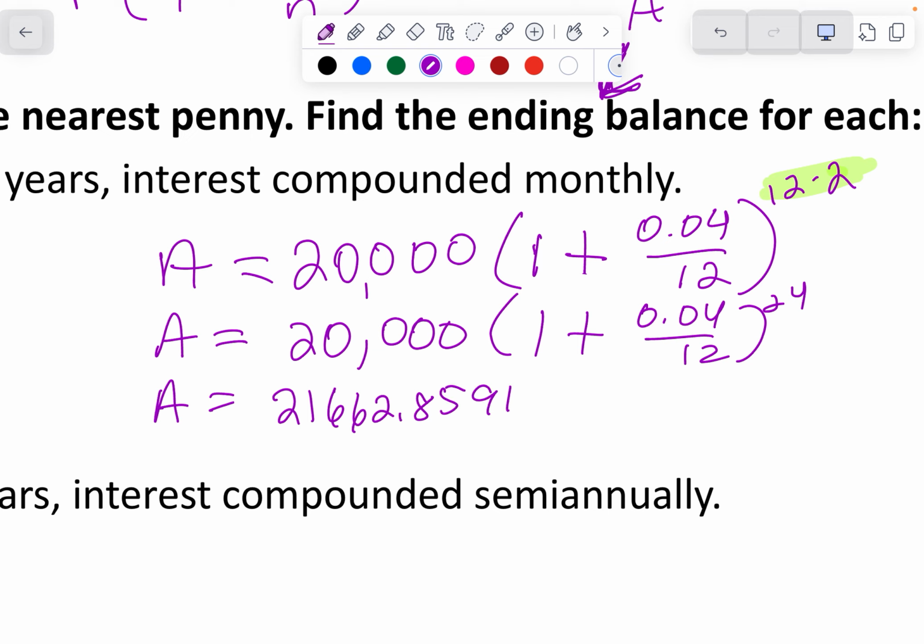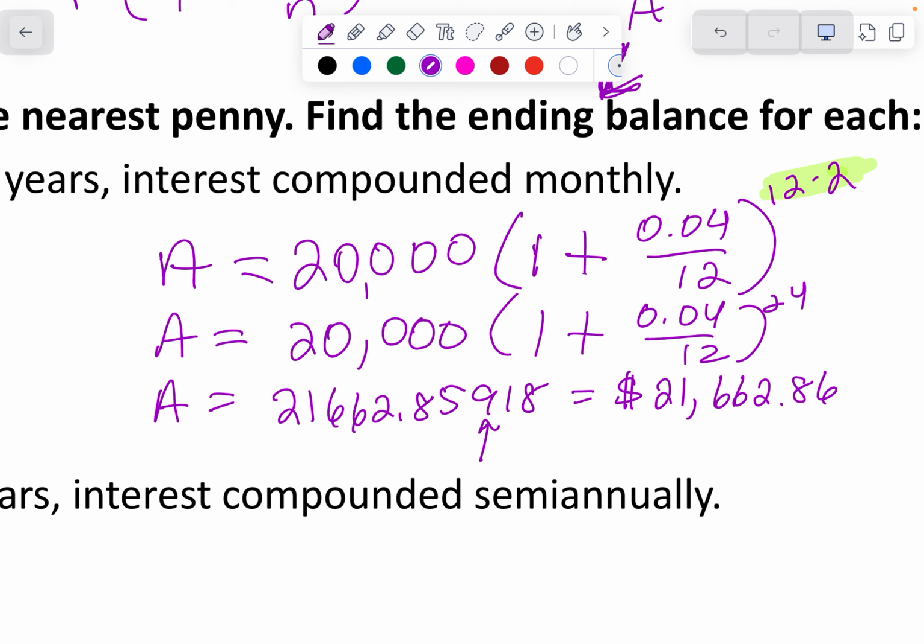These formulas rarely give you just 2 decimal places. So we have to look at this spot right here. If that spot right there is 5 or higher, just round up to 86 cents. So our final answer would be $21,662.86.